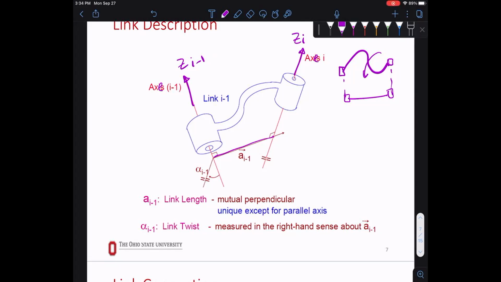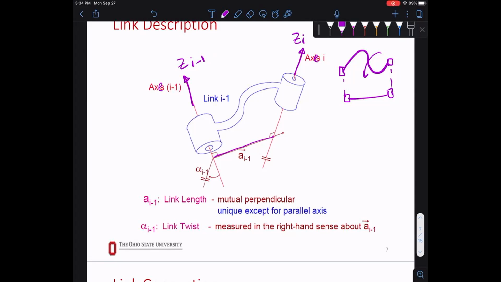Now, if I start rotating them, there is an angle between them, right? Now, where do we measure this rotation about? They could have rotation in this plane, or only in this plane. The convention says that we are going to assume the rotation about the x-axis. So you find the x-axis of this frame and see how much these two are rotated about that, and say, hey, alpha i minus 1 is that much.